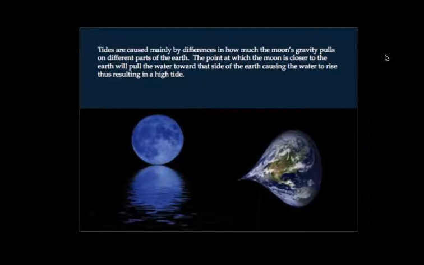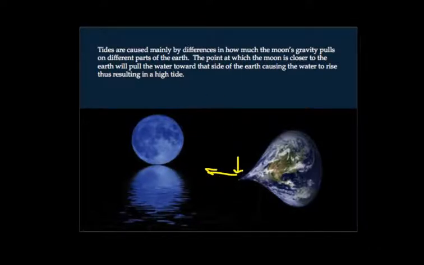Tides are caused mainly by the difference in how much the moon's gravity pulls on different parts of the Earth. The point at which the moon is closer to the Earth is going to pull the water toward that side of the Earth, causing the water to rise, and it results in high tides. So if I take a look at this, if the moon is on this side of the Earth right here, there's a gravitational pull pulling the water in this direction.